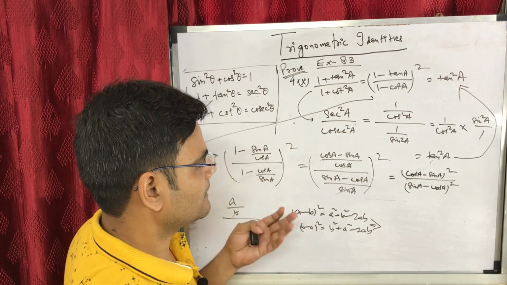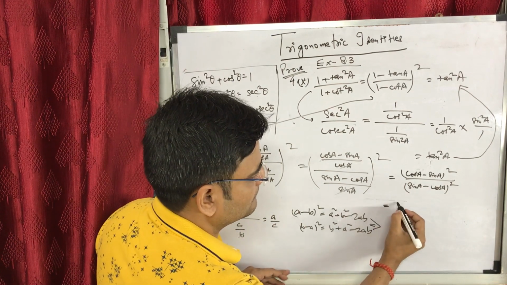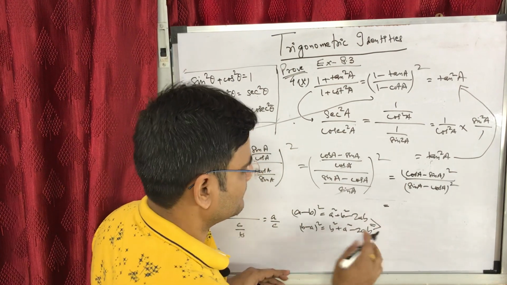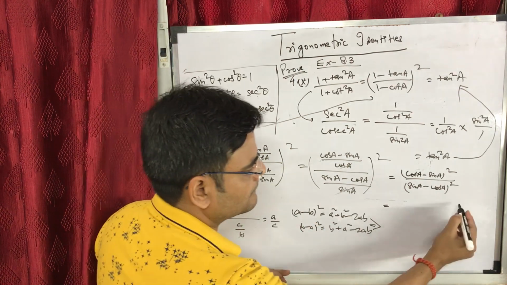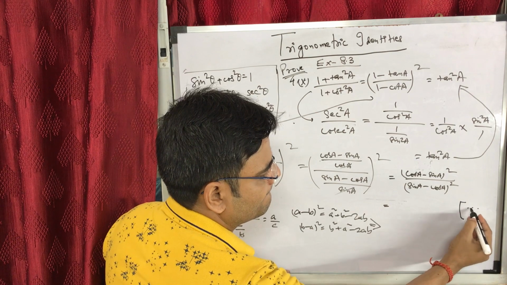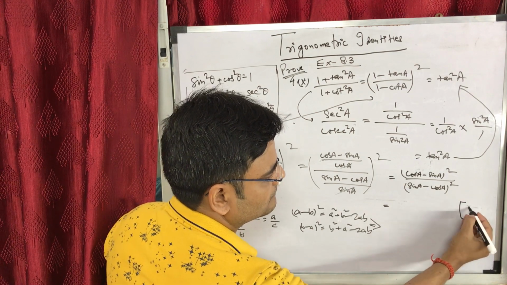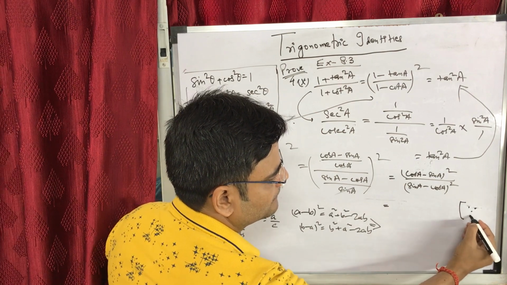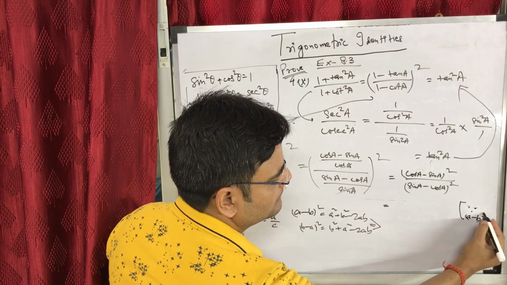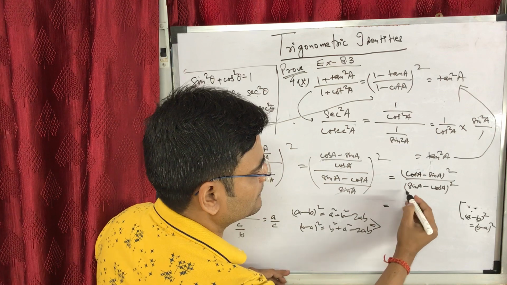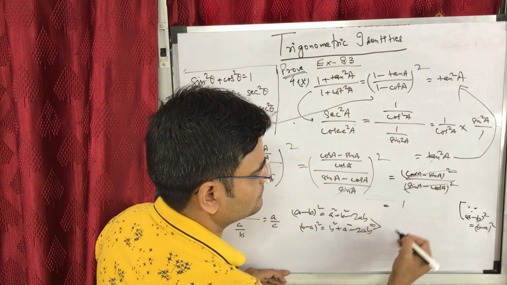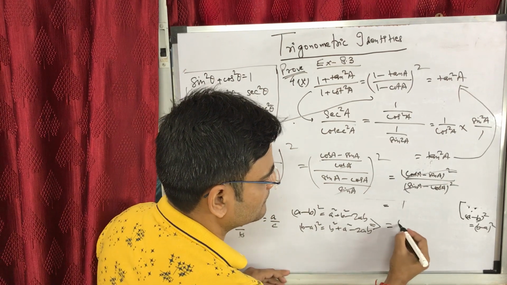If you want to expand, you can expand, or you can simply cancel out, since (A minus B) whole square is equal to (B minus A) whole square, and it equals 1. If you don't want to cancel, expand.